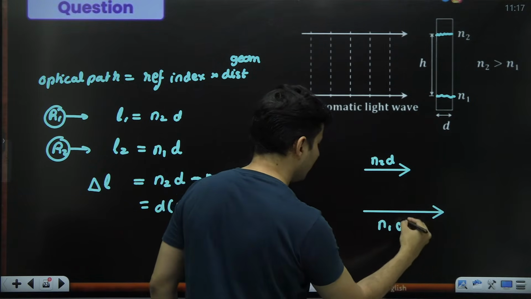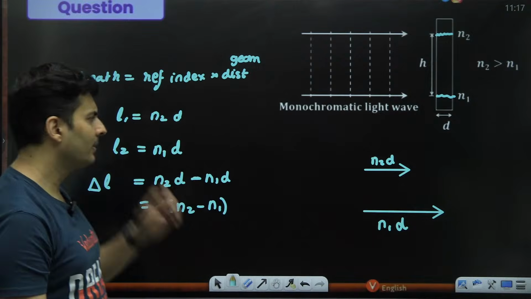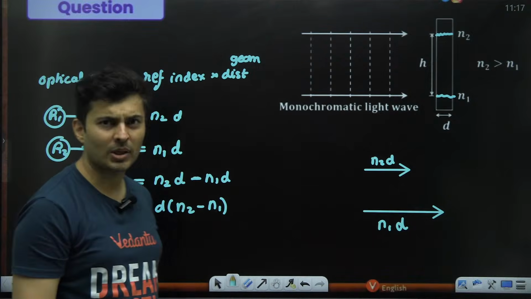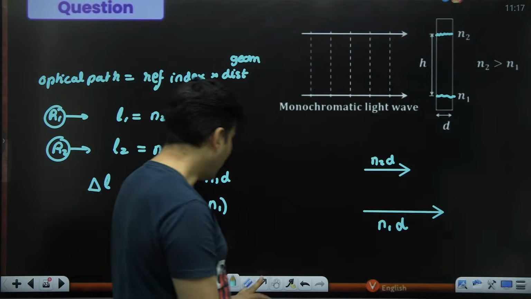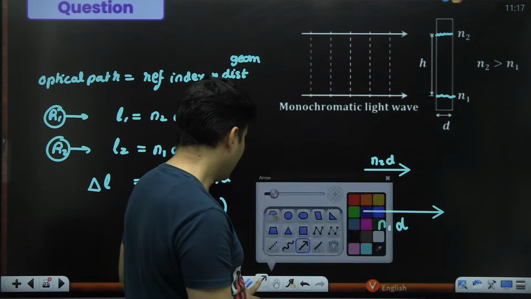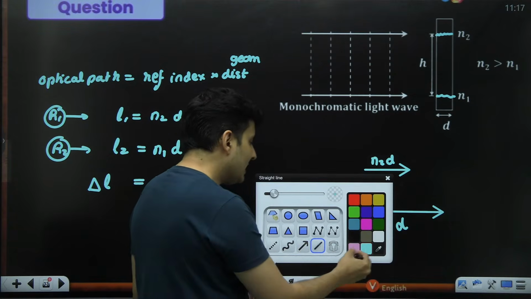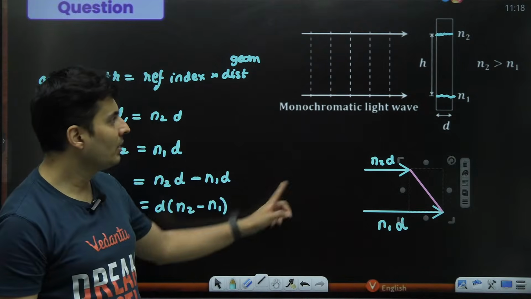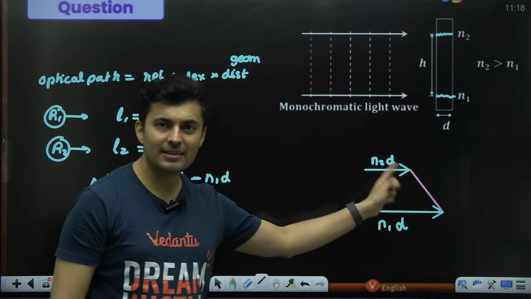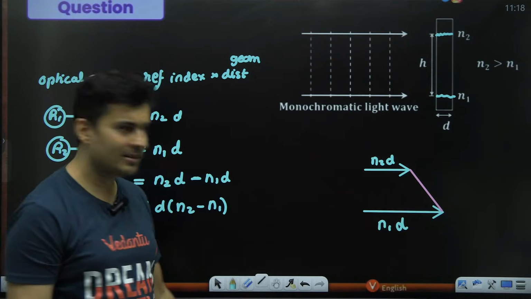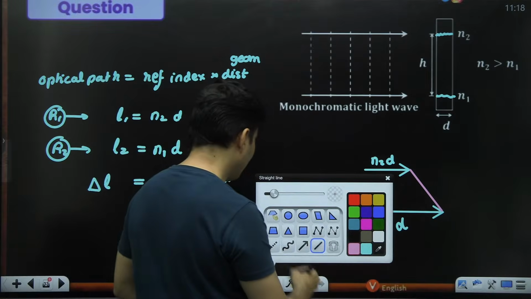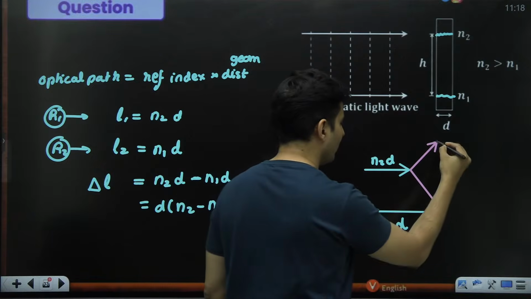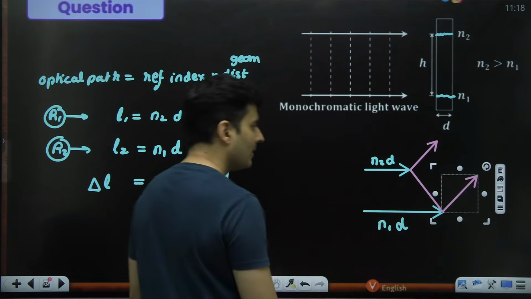It is, let's say, n1 times d, whatever. Okay, you can just take it like that. Now, do you see that these two rays are now making some angle over here like this? And finally, we know our rays are going to come out like this.